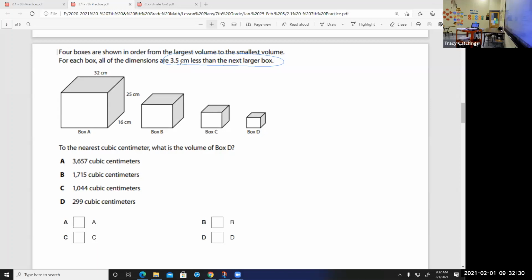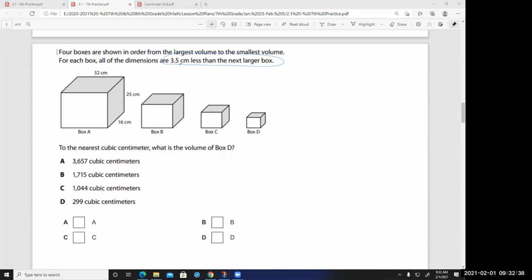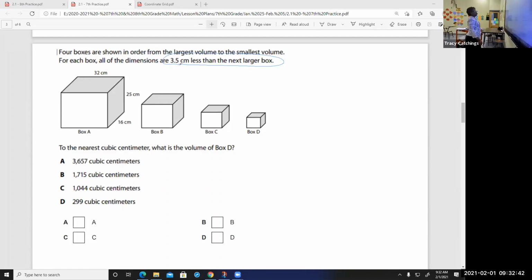Before we can get to box D, what do we need to find? We need to find the volume of the other boxes first. We need to find the other boxes and keep subtracting our way until we get there. So that means each value is subtracted by 3.5.